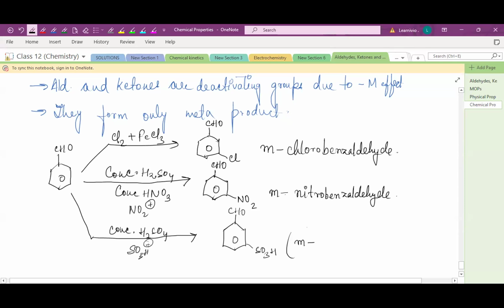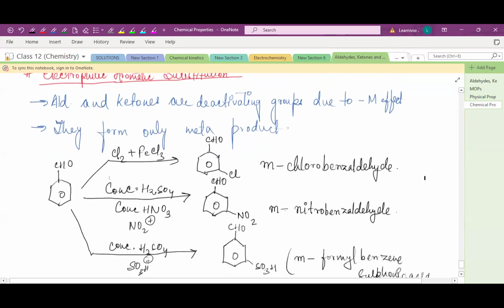Yes. Okay, so we can also write metaformyl benzene sulfonic acid, or you can directly call it metabenzaldehyde sulfonic acid, right? So these are the electrophilic aromatic substitutions of your benzaldehyde.